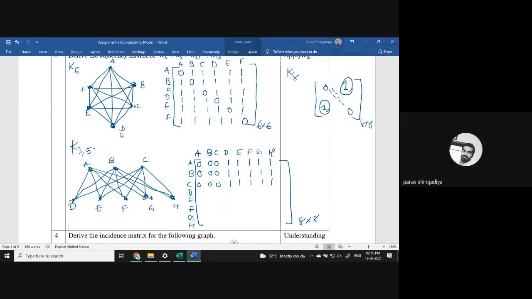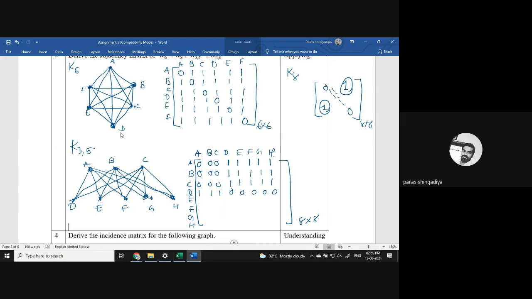Now the next 5 rows will also be the same. Here we check the relation of D with the rest. D is not adjacent with D, E, F, G, H, but D is adjacent with only A, B, C. D जो है ABC के साथ ही connected है. ठीक है? Means adjacent. So the first 3 entries will be 1, and the rest of the 5 entries will be 0.